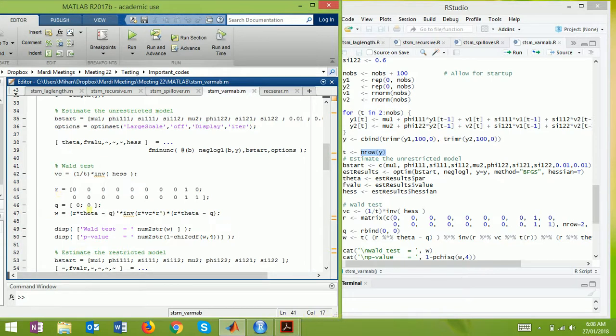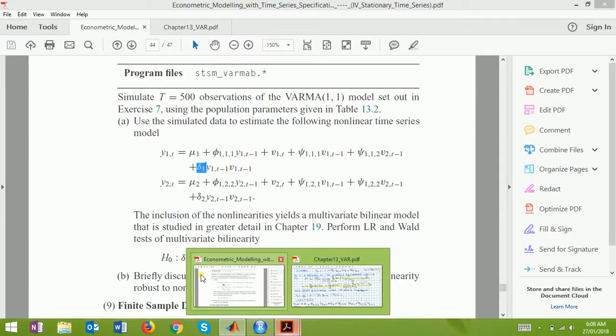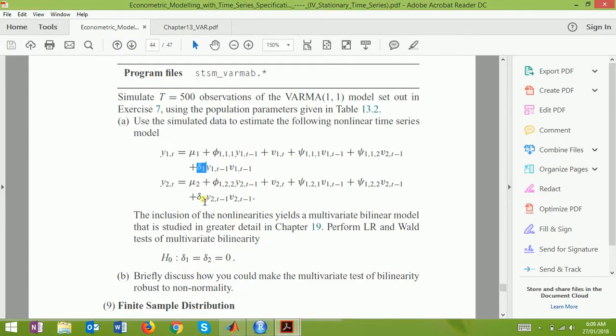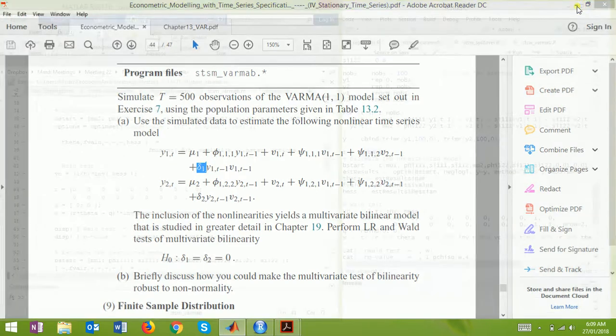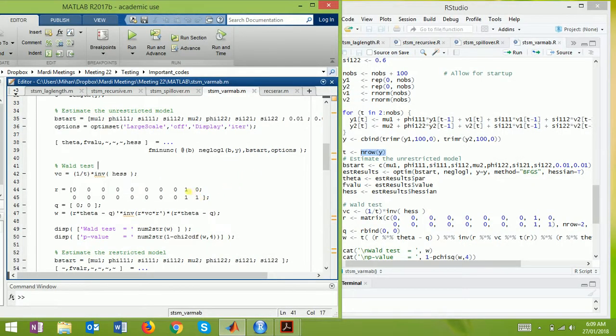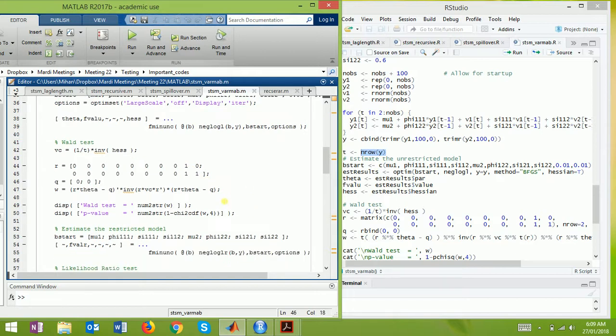Now we just need to define R and Q. Basically, because there are two non-linearity parameters we are interested in, just the two non-linearity parameters. In the first one we are doing joint estimation. Here we're jointly testing. So the first one is for the first non-linearity parameter, second one is jointly the first and second non-linearity parameters.